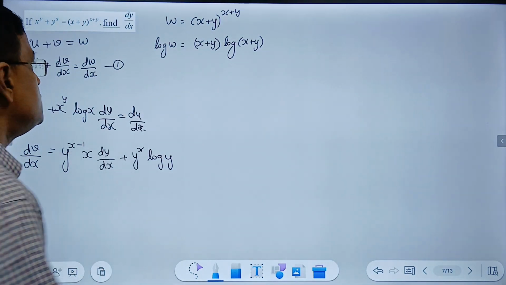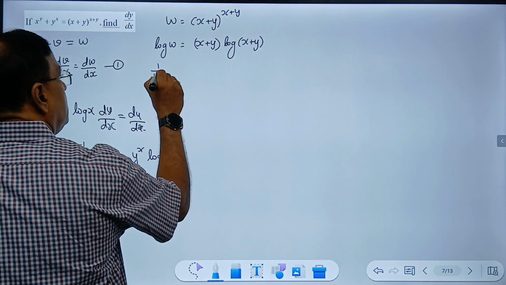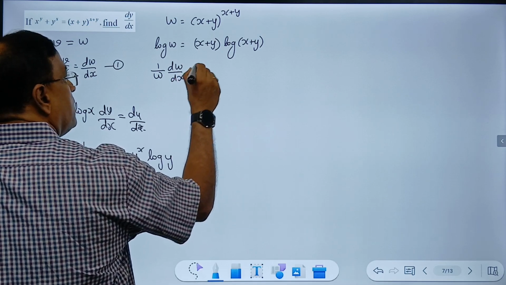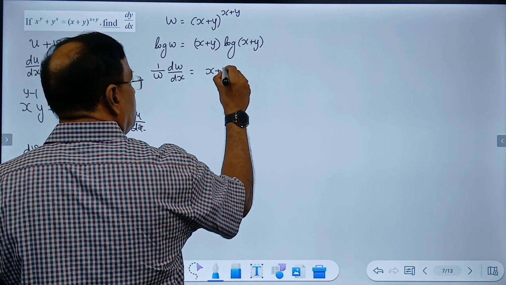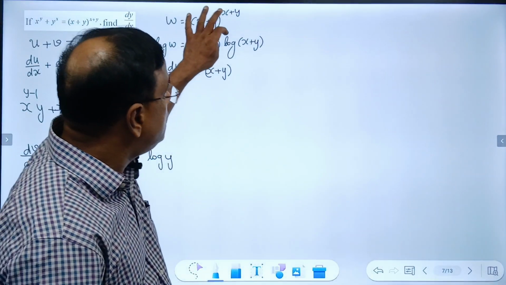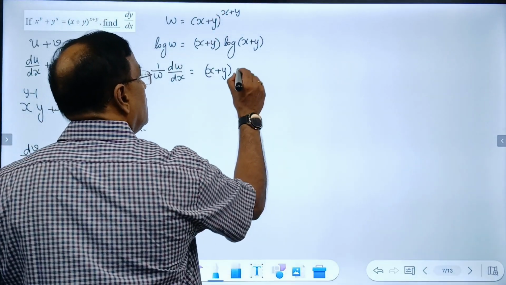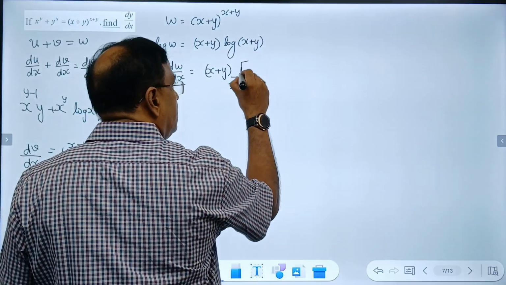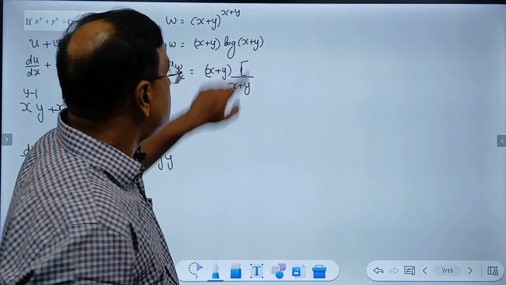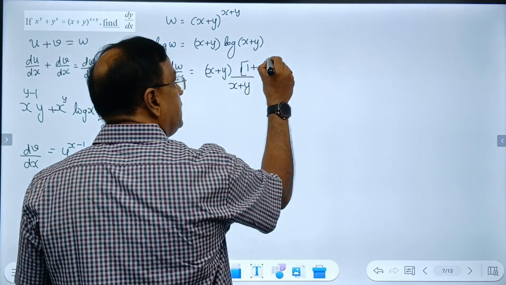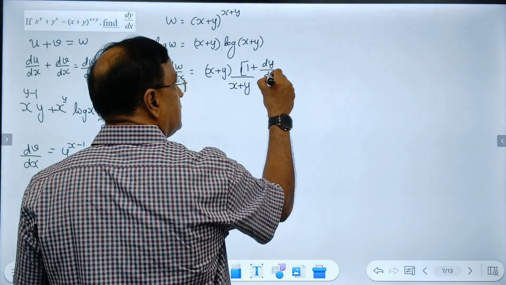Now I am going to differentiate. 1 by w dw by dx is equal to u. This is my u, product rule, u into, now I have to differentiate log. What is differentiation of log? 1 by x plus y into chain rule. Differentiation of x is 1 and differentiation of y will be dy by dx with the plus sign.